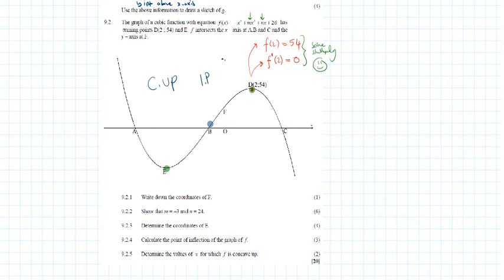Let me write it down here. So we have concave up here, the inflection point in between, then concave down. So the question asks concave up, so it is whatever the inflection point coordinate is, before that value.